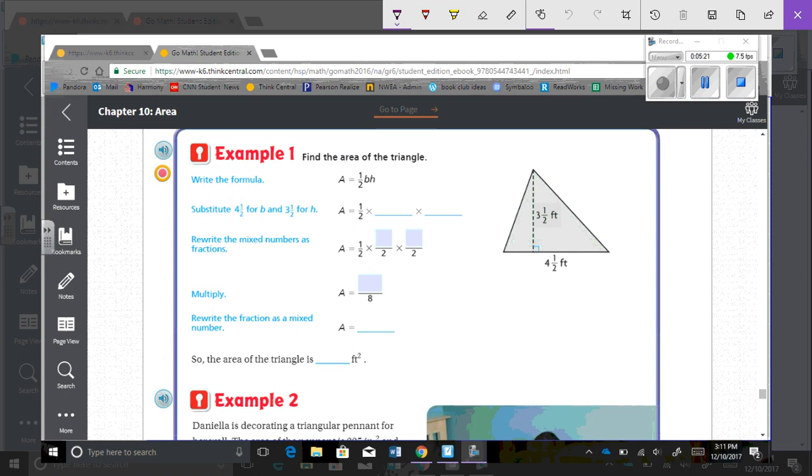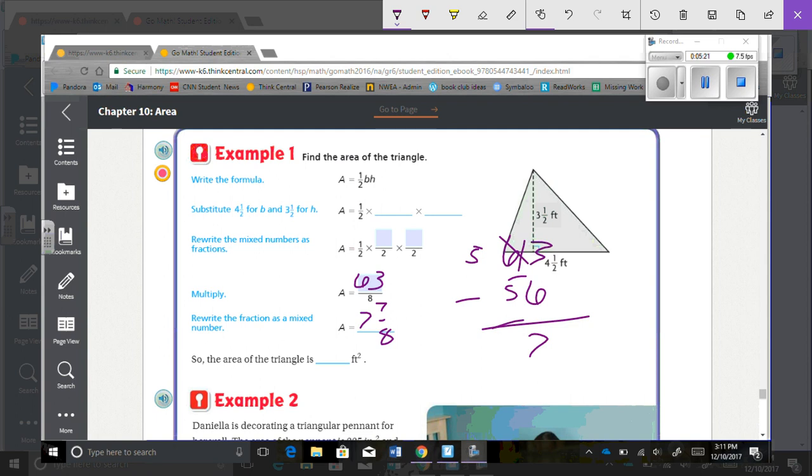Sorry about that, I lost my screen. So we had 63, which we know we can take 63 divided by 8 7 times, and that gives us 56. 63 minus 56 gives us 7. So then we have 7 and 7/8 for our area. So the area of the triangle is 7 and 7/8 feet squared.